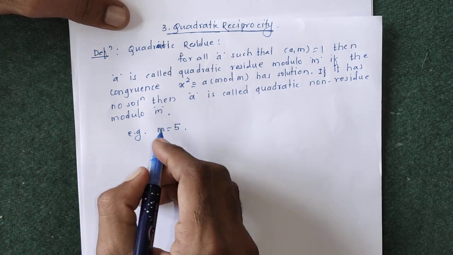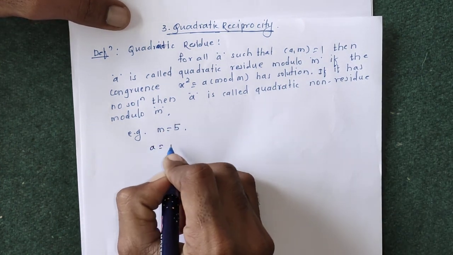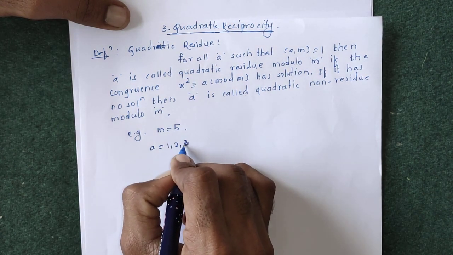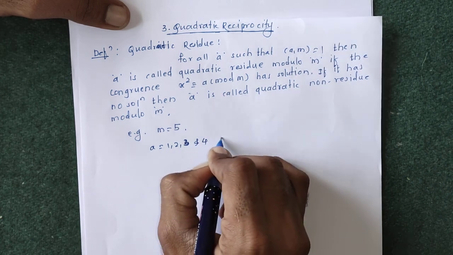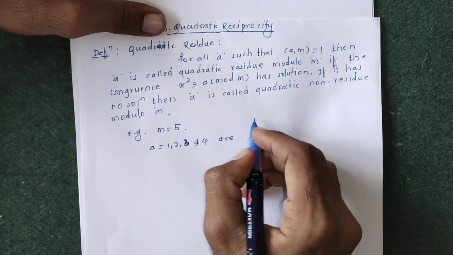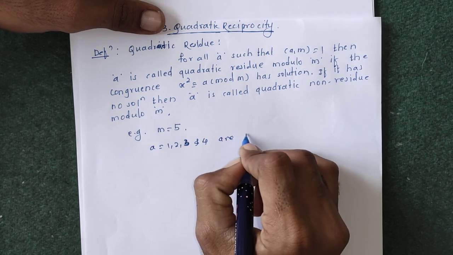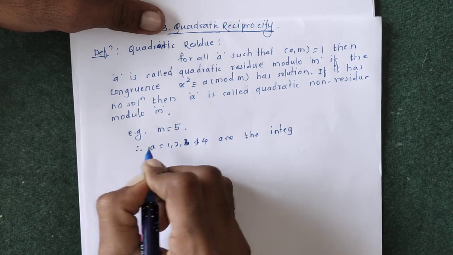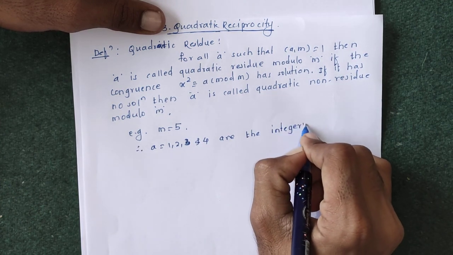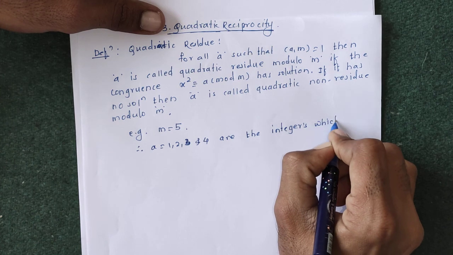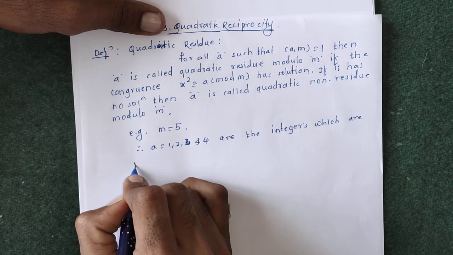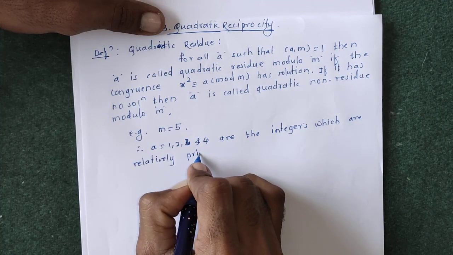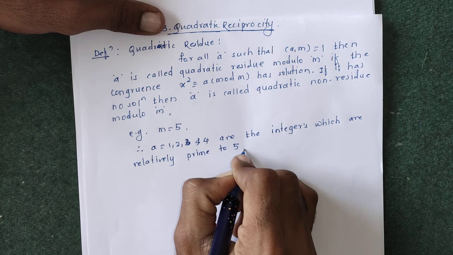Here m is equal to 5, a prime number, so there are 4 possibilities: a is equal to 1, 2, 3, 4 are the integers relatively prime to 5.